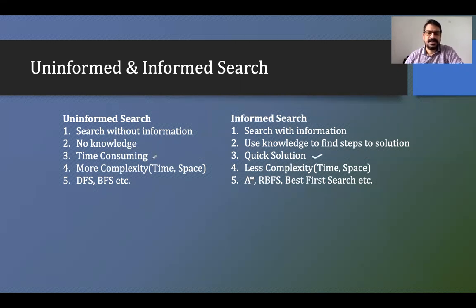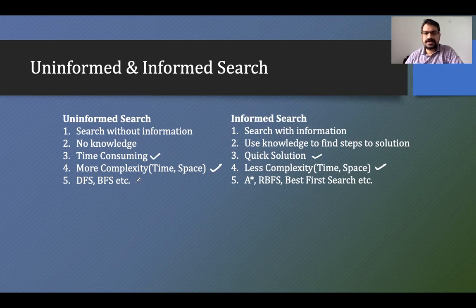And here definitely the time consumption will be there, because we have a huge state space where we have to go one by one and find out whether it is a goal state or not. Here, the time and space complexity are more. In the informed search, the time and space complexity is less. There are some examples, like we have seen depth first search, breadth first search, uniform cost search, then iterative depth first search, and then depth limit search.